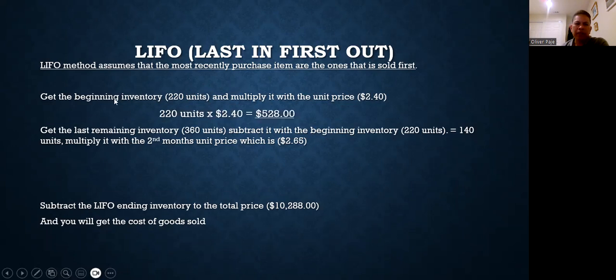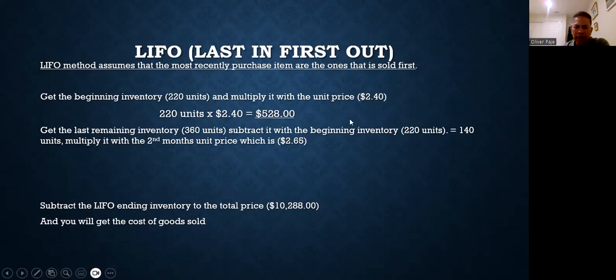So to get the LIFO, you have to get the beginning inventory, the first purchase that they have. In our problem, it's 220 units. The first month they purchase a product, it's 220 units, and then you have to multiply it with the unit price of the first month, which is 2.40.